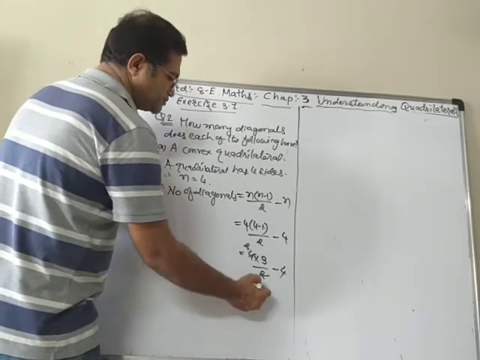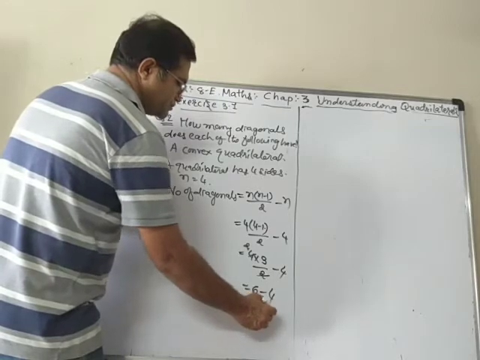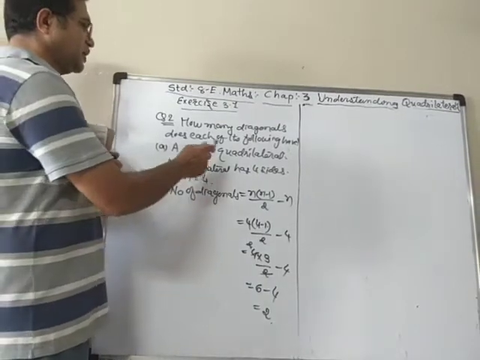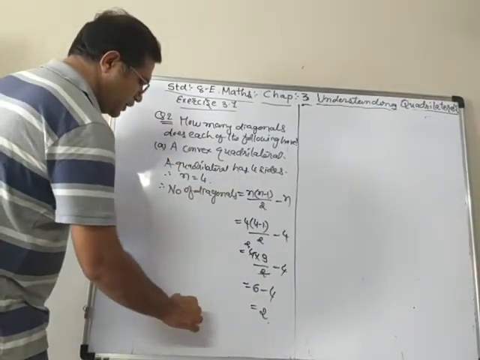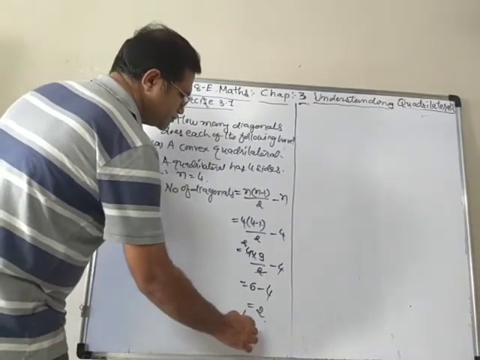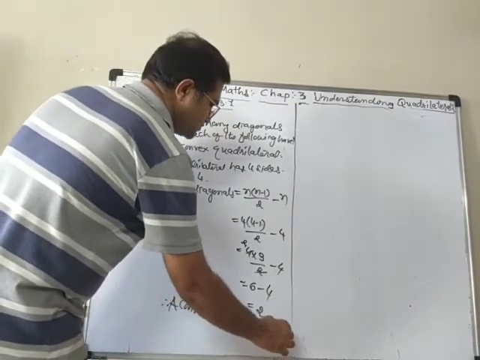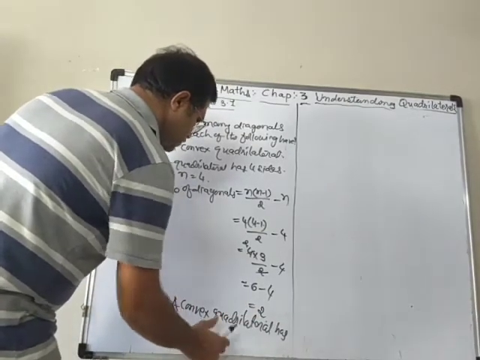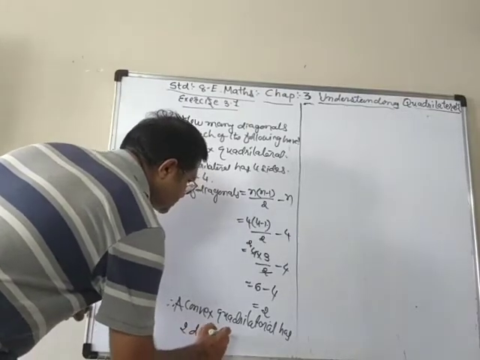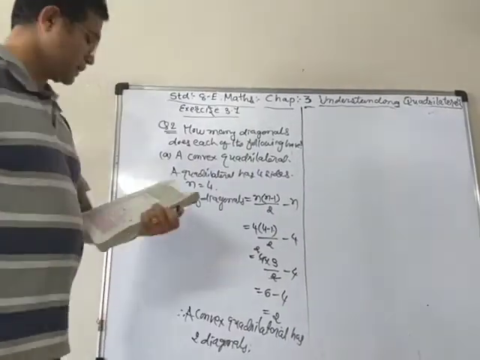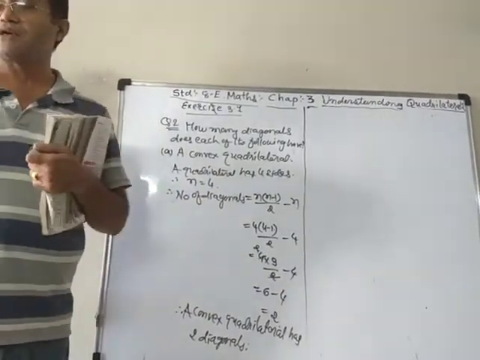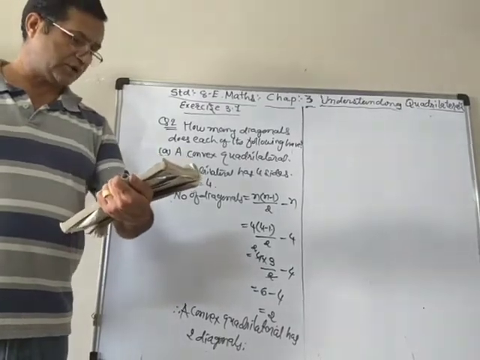So 2 3s are 6 minus 4 is equal to 2. So we can say that a convex quadrilateral has 2 diagonals. We have to remember this formula, and it will be easier for you to find out.